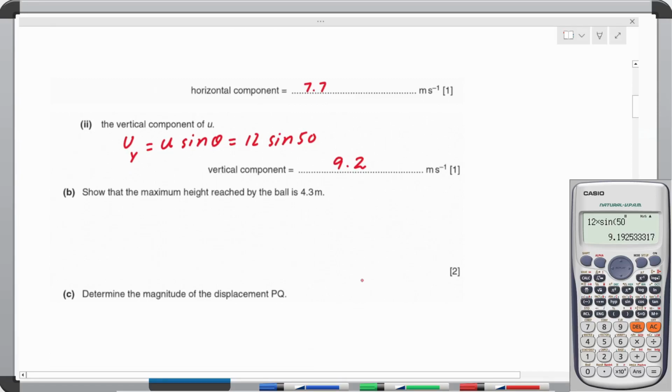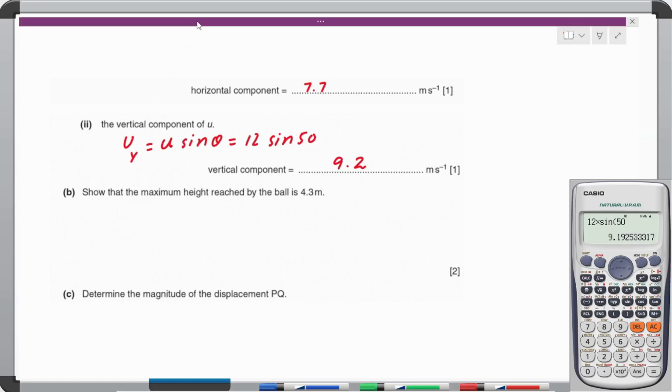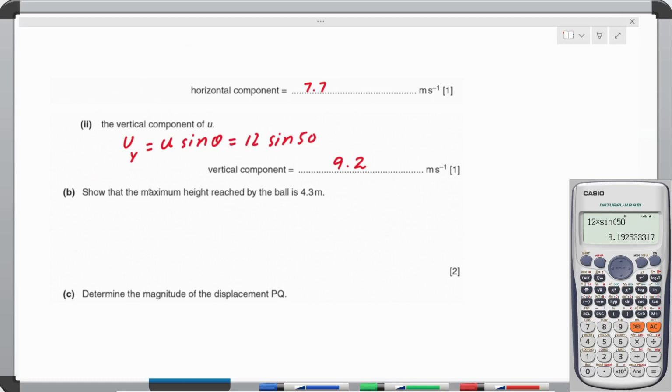In this one they are asking: show that the maximum height reached by the ball is 4.3 meters. Whenever you get a question of projectile motion, the rule of thumb is you have to break it down into horizontal or vertical paths.